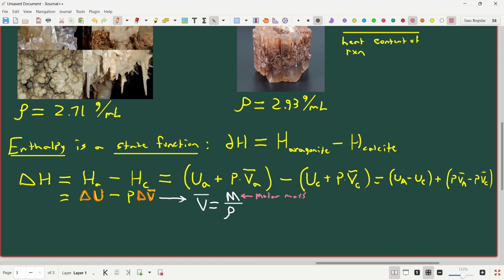Okay, so when we bring all this in, I'll subtract off delta U from both sides to get delta H minus delta U, which is equal to P delta V, which is, once we plug in our formulas for densities, the pressure times the molar mass of the material times 1 over the density of the aragonite minus 1 over the density of the calcite.